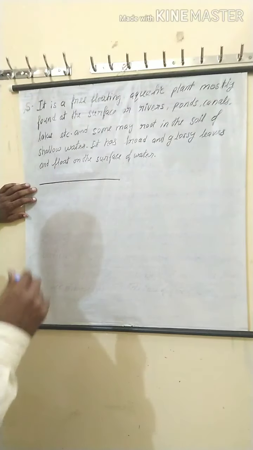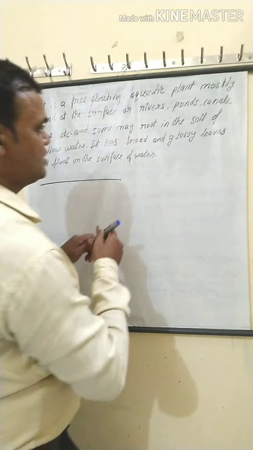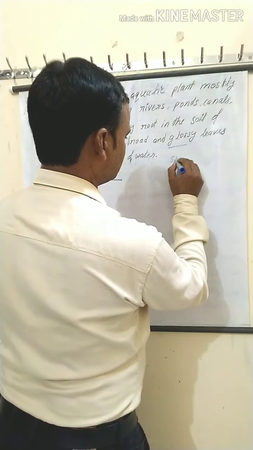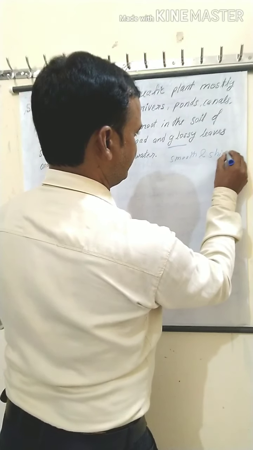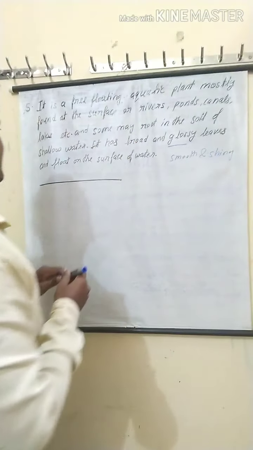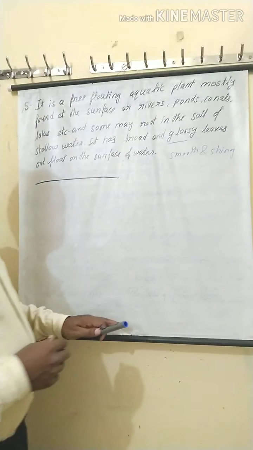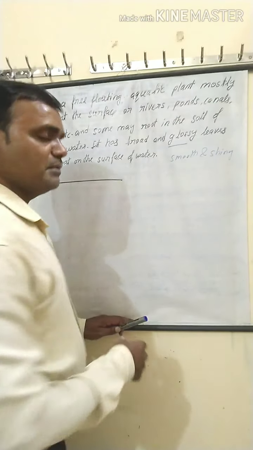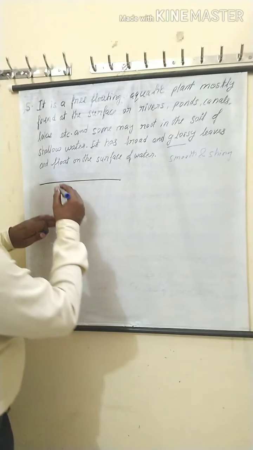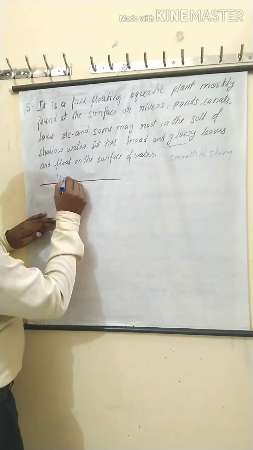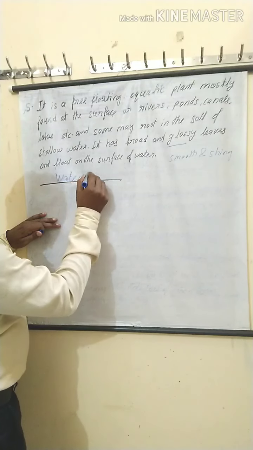It has broad and glossy leaves, glossy means smooth and shiny, and they float on the surface of water. The answer is water hyacinth.